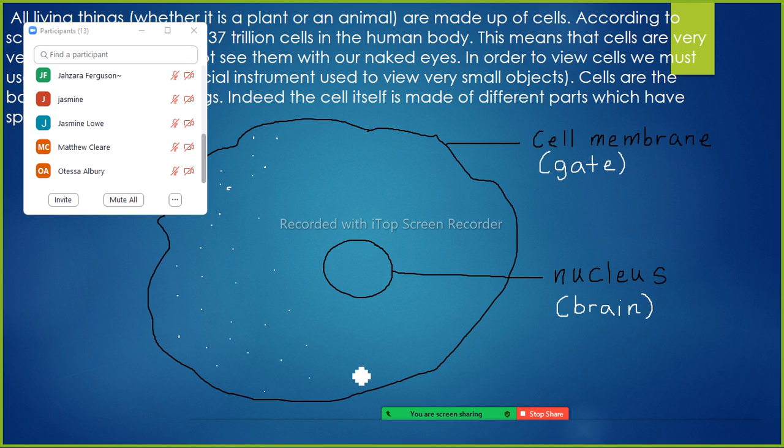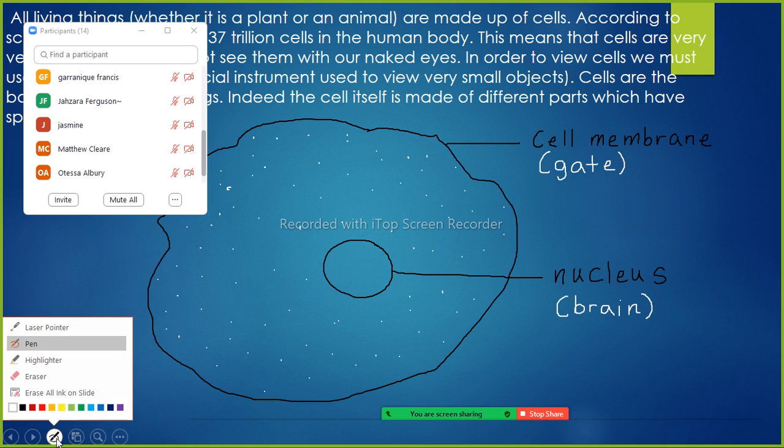The cell is filled with a jelly-like material in which all the cell parts are embedded. Anyone know the name of this jelly-like material? It starts with C.